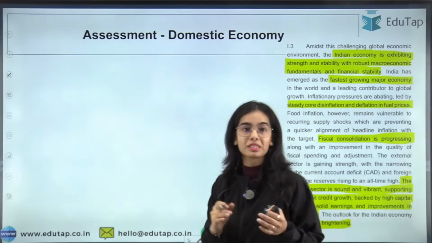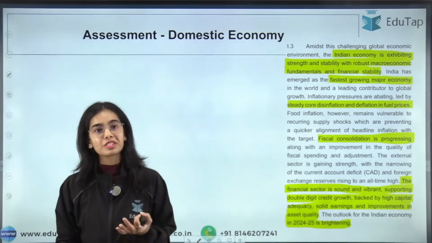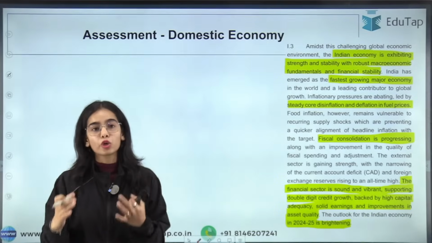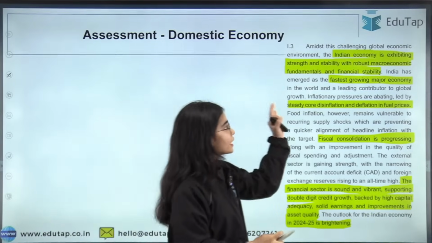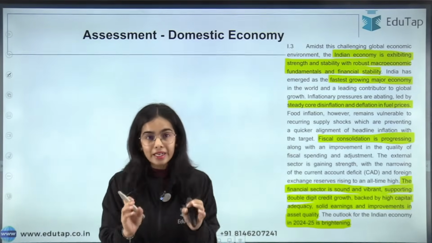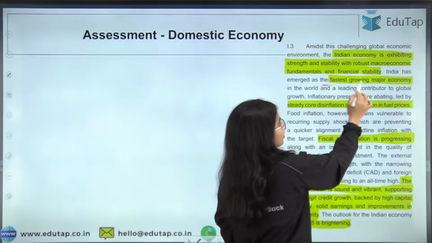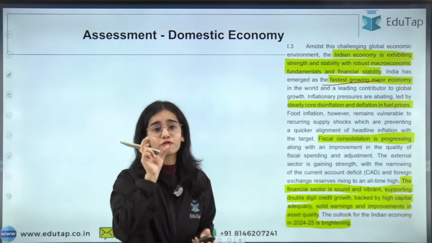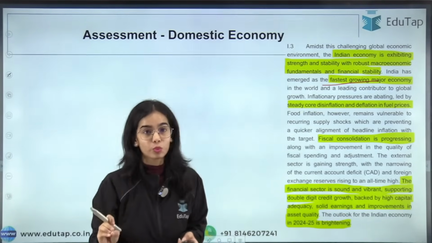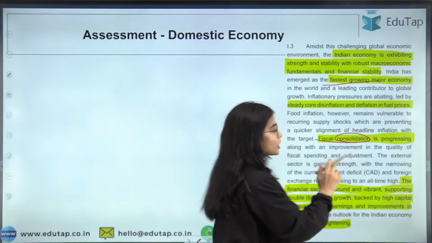Let's move forward with the domestic economy. What is happening to the domestic economy? We can all see that our economy is quite resilient. The Indian economy is exhibiting great resilience and stability. India has emerged as the fastest growing major economy in the world. Fiscal consolidation is progressing.